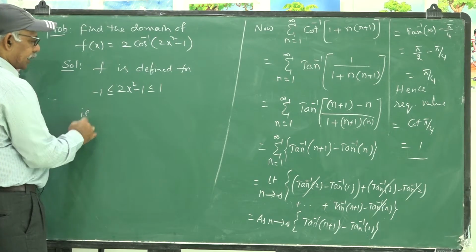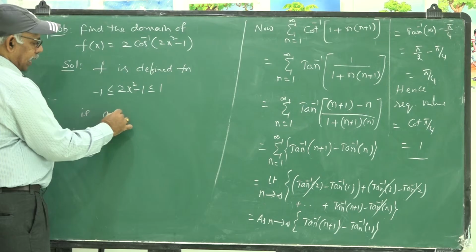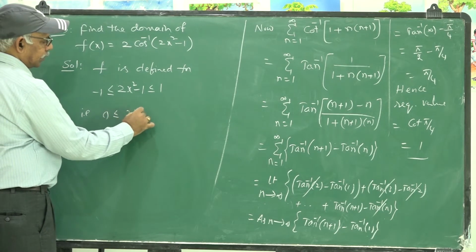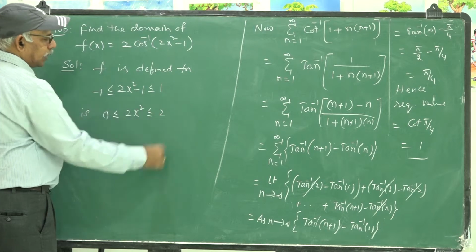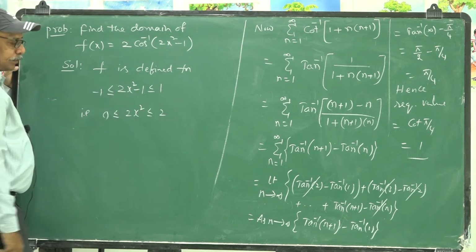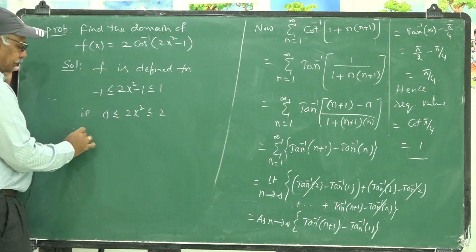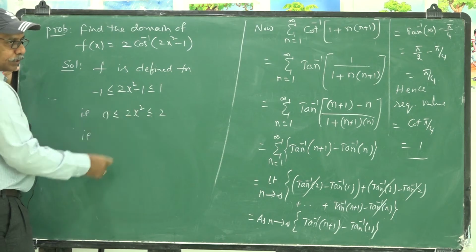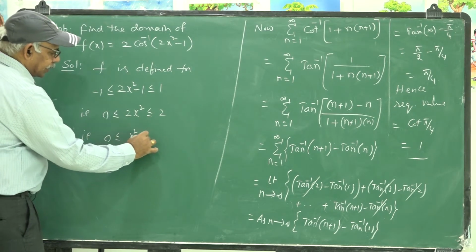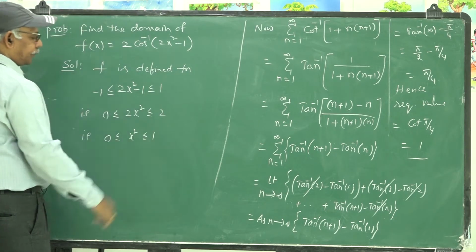So that gives us, adding 1 throughout the inequality, we get 0 is less than or equal to 2x square is less than or equal to 2. That is dividing with 2, we get 0 is less than or equal to x square is less than or equal to 1.